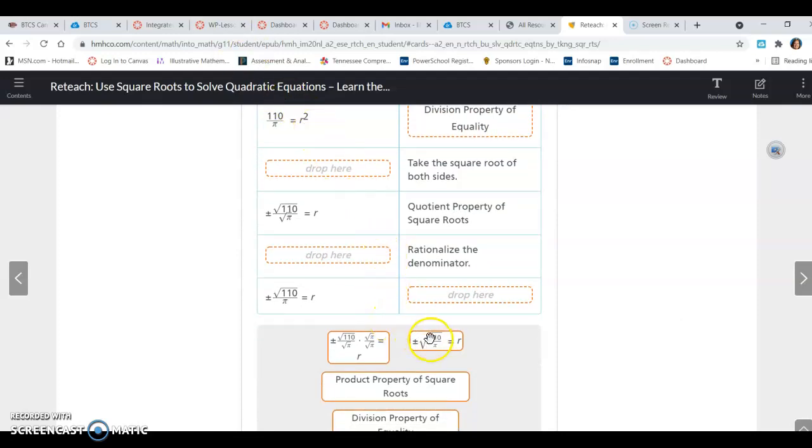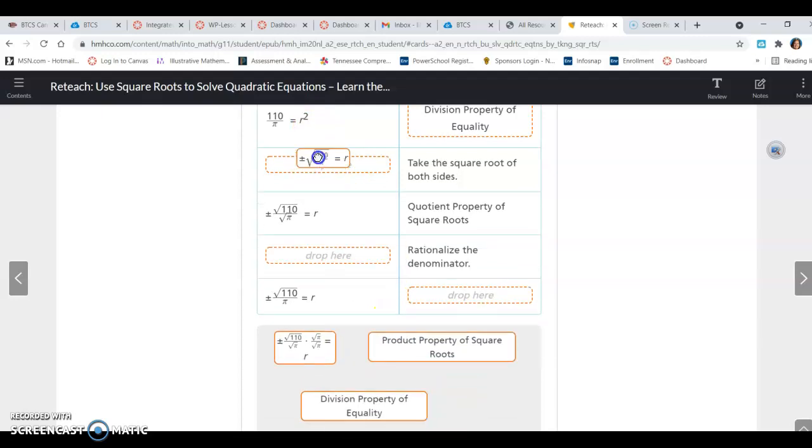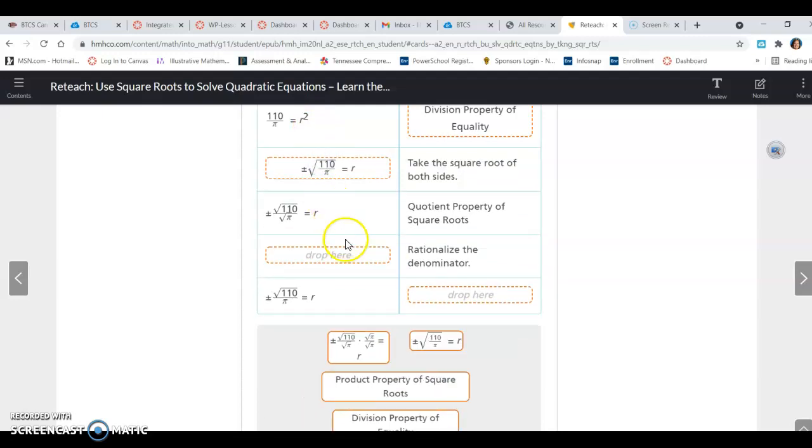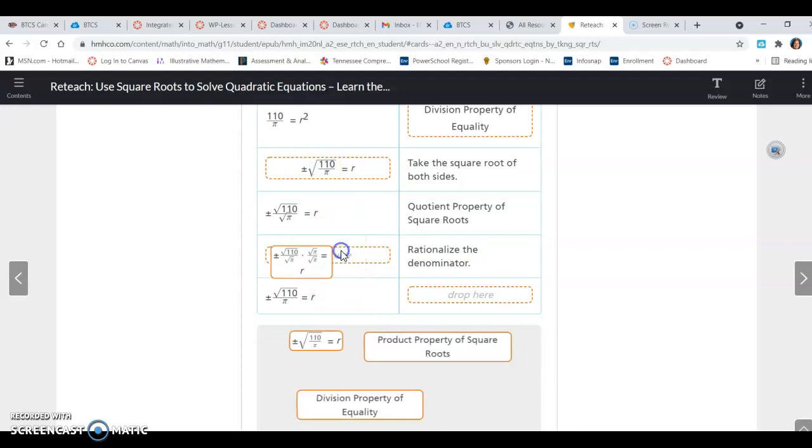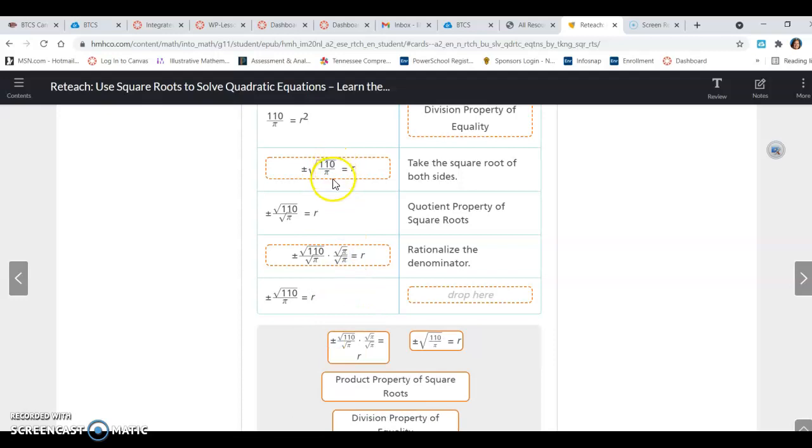So that's going to be this one here. All right, and then to rationalize the denominator, again, we multiply top and bottom by pi. So here this shows that we multiply top and bottom by pi.